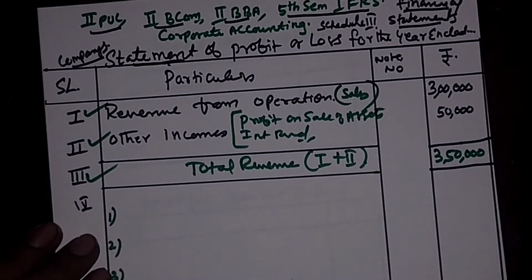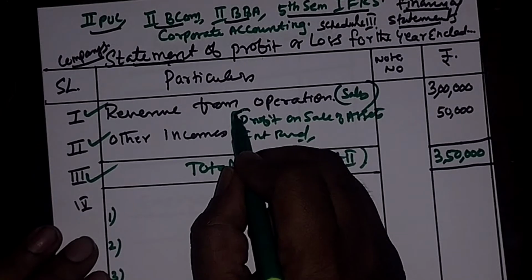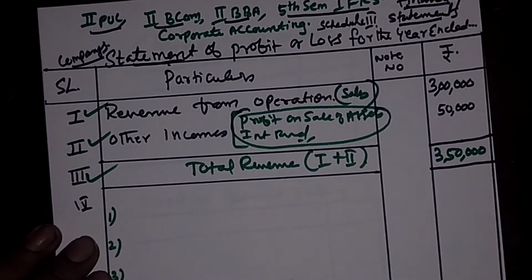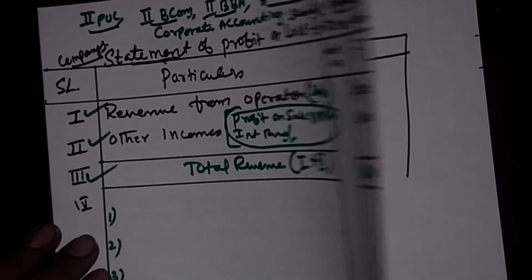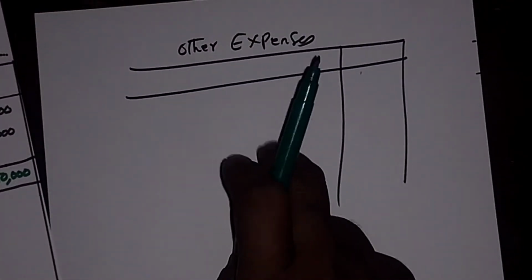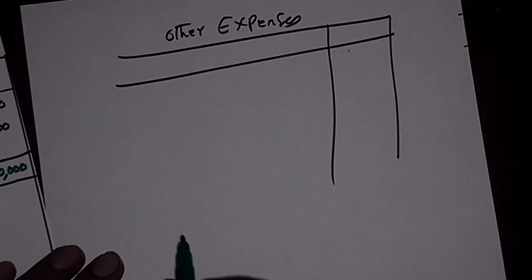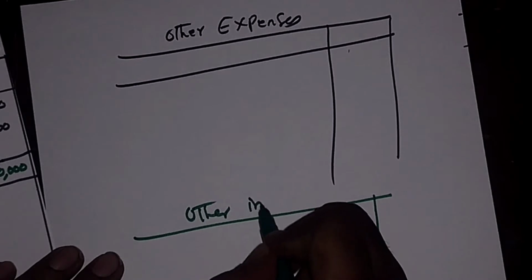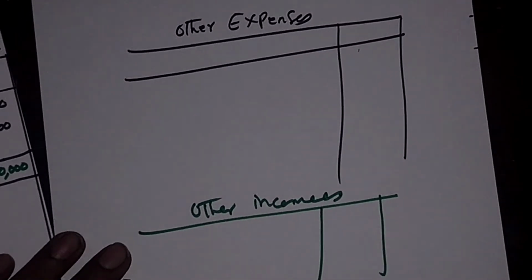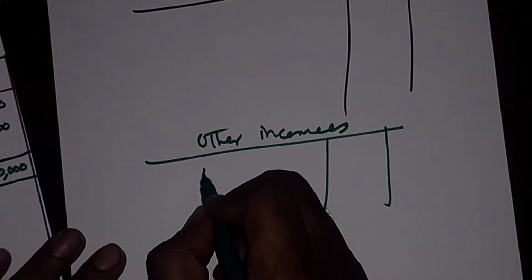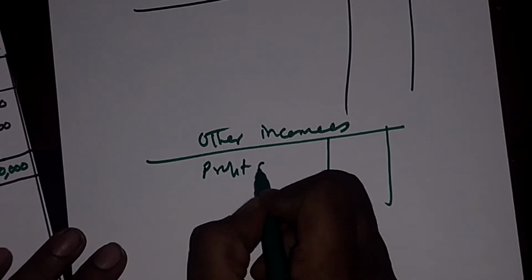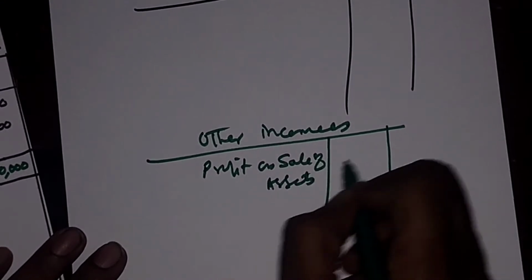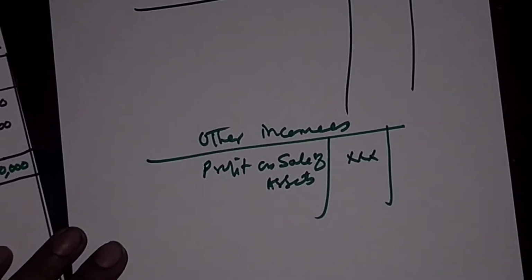So in case all these entries are given separately, we have to maintain separate calculations like this. For example, I'll write here other incomes. In this other incomes, I can write profit on sale of assets, some amount.